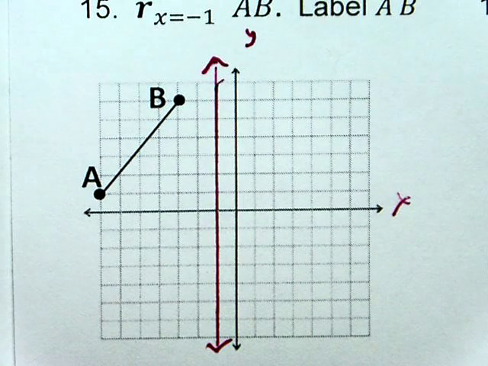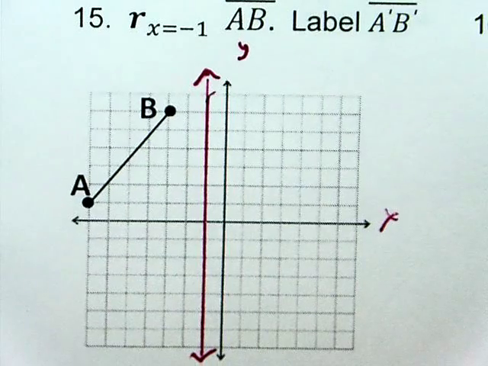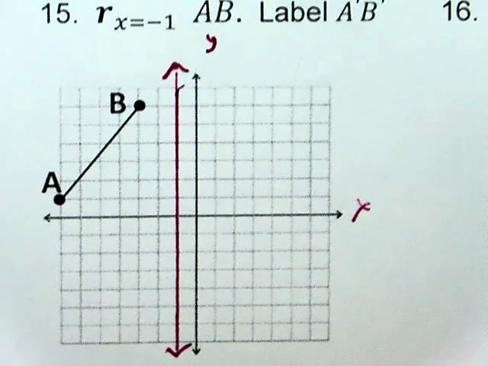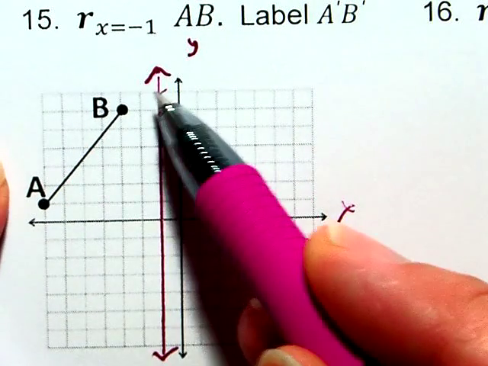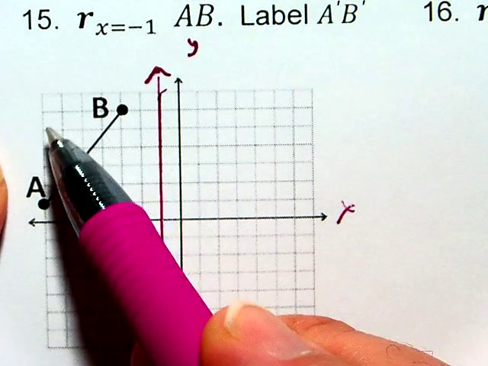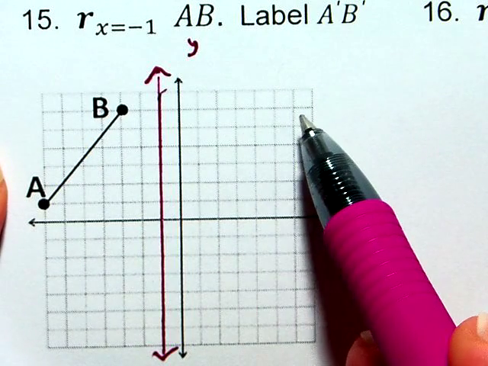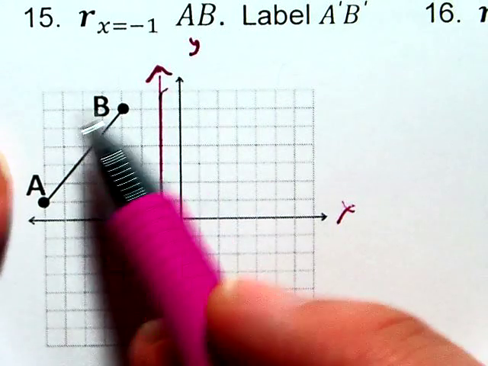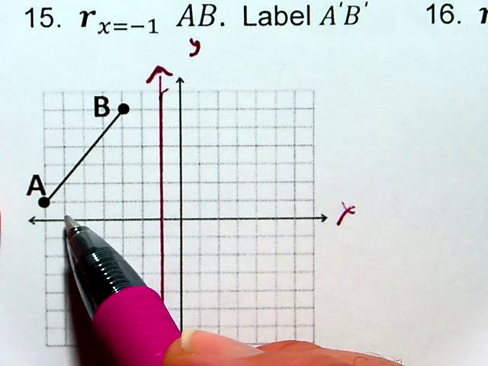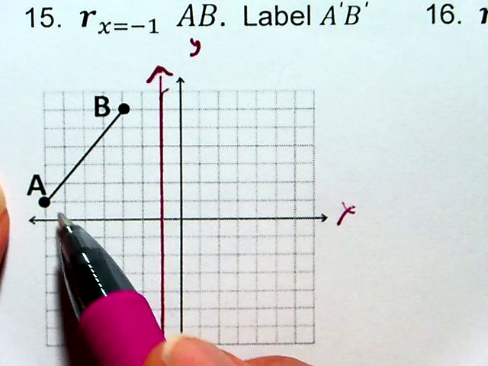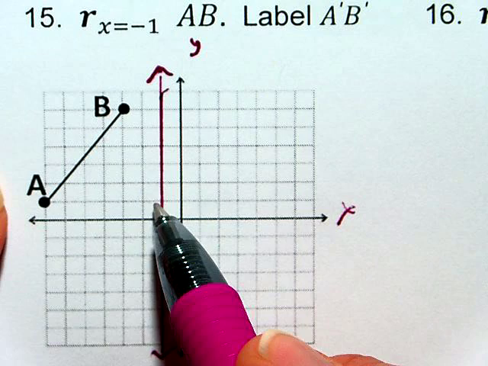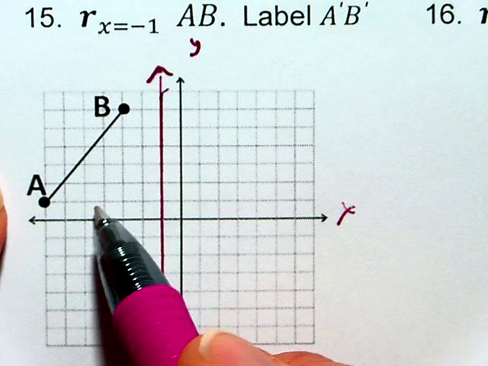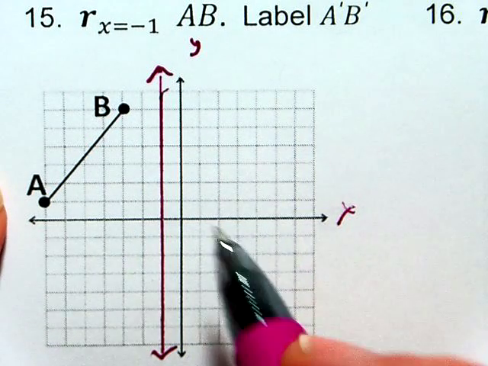Now we're going to have to count with reference to the mirror line. This is a vertical line, so we're going to be reflecting perpendicular to it in a horizontal direction. Let's start with point A. Point A is how many points to the left of this mirror line? 1, 2, 3, 4, 5, 6.